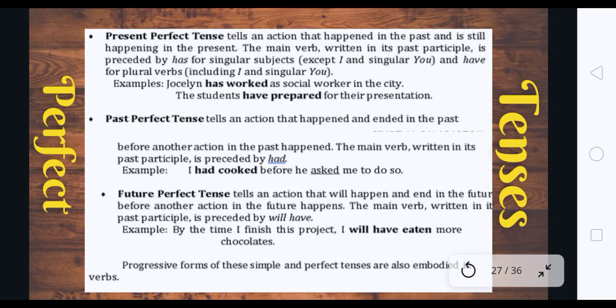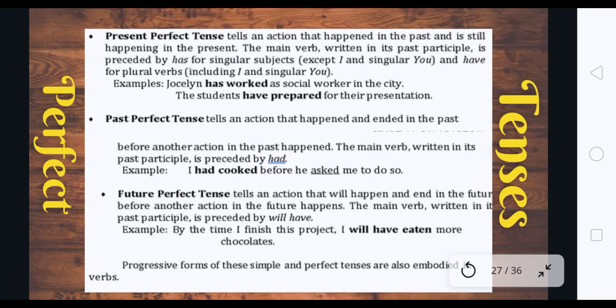Unlike the present perfect tense, where we use has or have plus past participle, for the past perfect tense, it is had plus past participle of the verb. Example: I had cooked before he asked me to do so. Had cooked. Cooked is the past participle of the word cook.